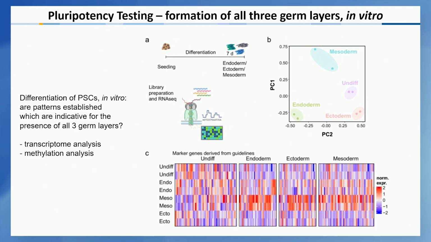So you would differentiate your pluripotent stem cells for 7 or whatever number of days, do a transcriptome analysis and find a typical pattern associated with mesoderm, endoderm, or ectoderm. It's a functional assay, but indirect, yet sufficient in the meanwhile because we have enough experience to tell whether you really have started with a pluripotent cell and that you have pluripotent stem cells at hand.